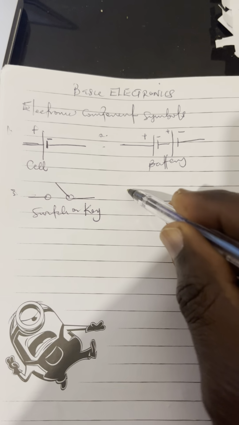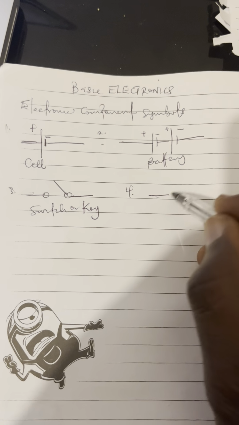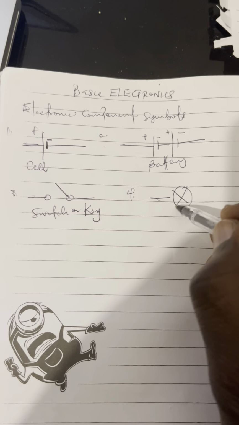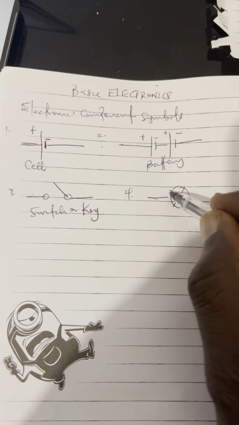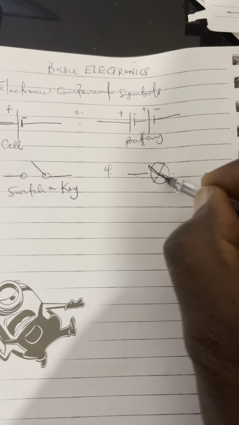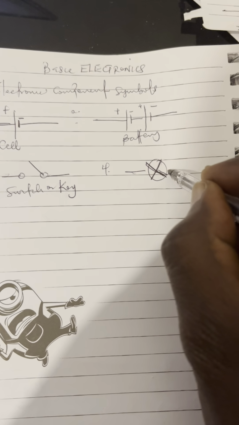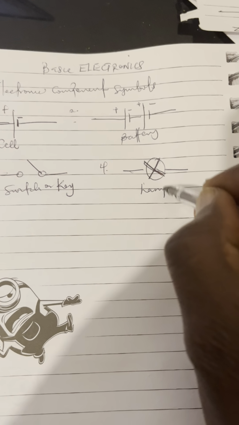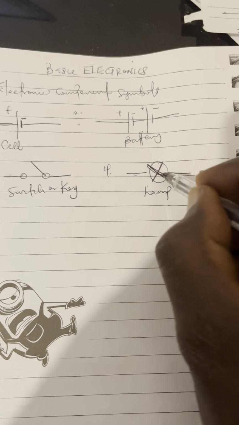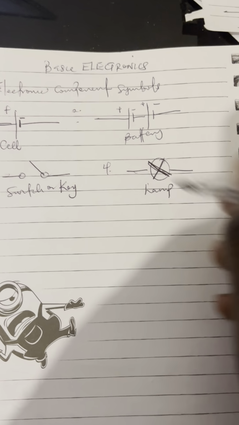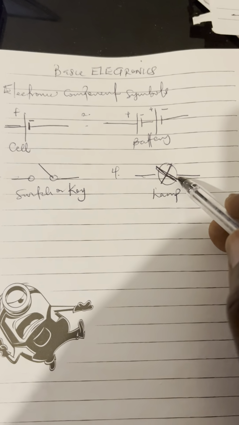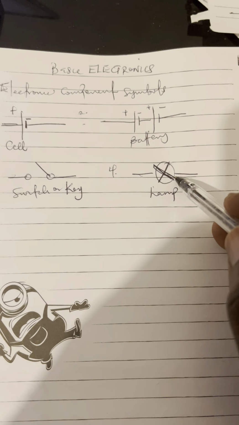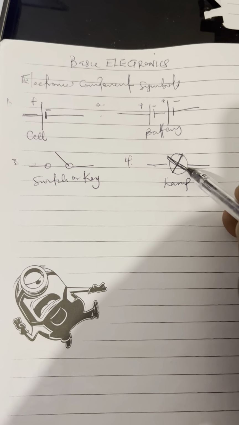Then we have this. Sorry, I didn't draw it well. I don't mind my drawing. This is a lamp. It's just one line here and one line here, like a times sign. So when you see something like this in a circuit, it's known as a lamp.